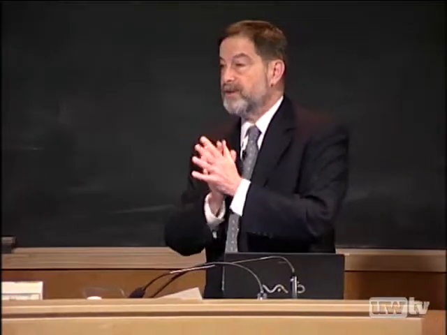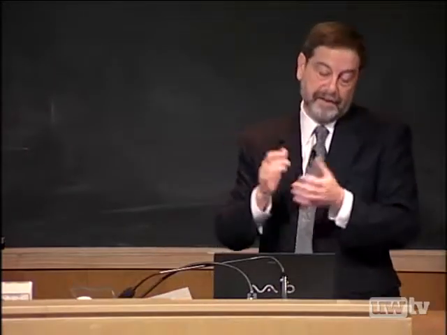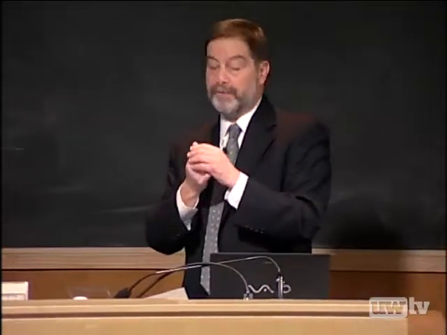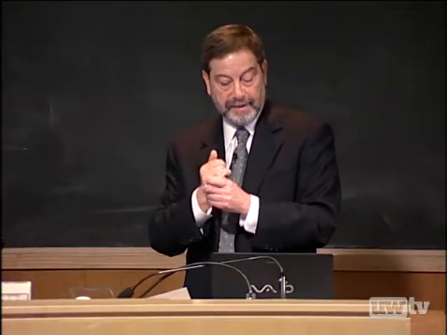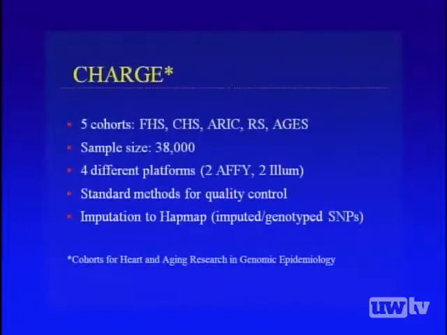So the sample size here was 38,000. And if you take into account 3 other studies that we work with actively, CARDIA, MESA, and Health ABC, the CHARGE Plus is now 53,000. Each of the initial 5 cohorts used 4 different platforms, 2 Affy platforms and 2 Illumina platforms. And what was developed were standard measures for quality control and use of imputation to the HapMap and so on and so forth.